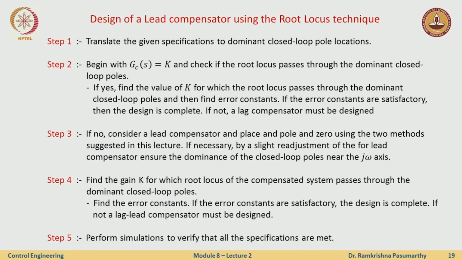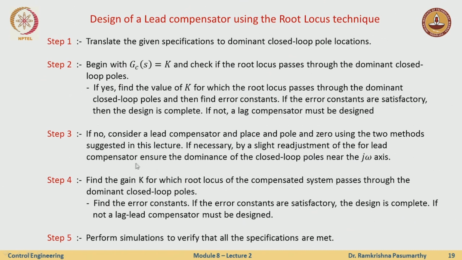So, I could summarize the design process into the following steps. First is to find the dominant poles. Second is to check the gain condition: go through the root locus and check if there is any value of gain K such that the dominant poles lie on the root locus. If no, then I consider a lead compensator and calculate where to place the poles and the zeros.